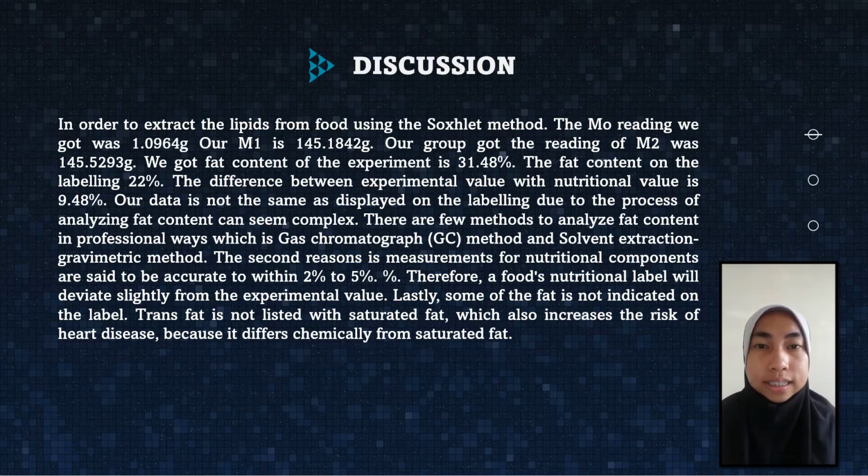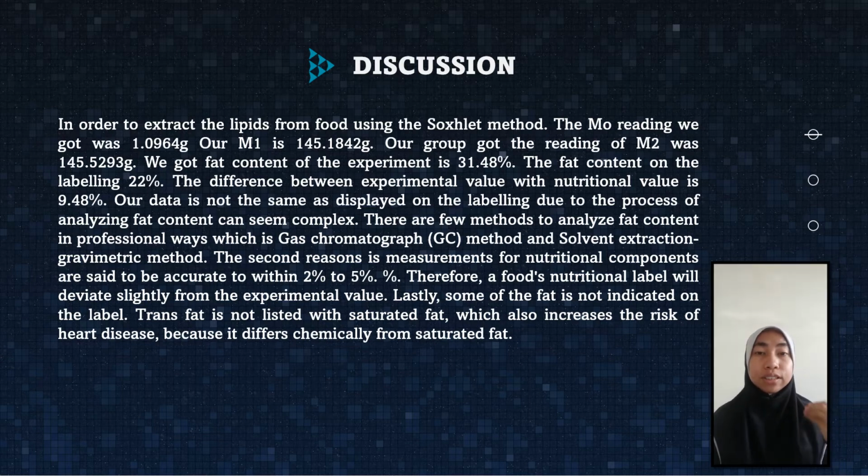M1 is weighing the extraction beaker with 3 to 5 boiling stones that have been dried for 1 hour at 105 degrees Celsius, then cooled in a desiccator for 1 hour. After we do this, our M1 is 145.1842 gram. After finding M1, we find M2.